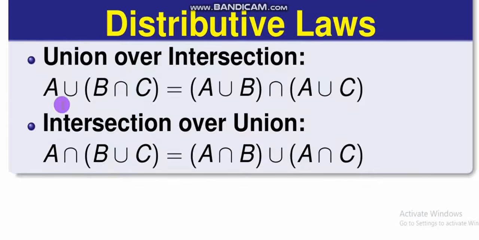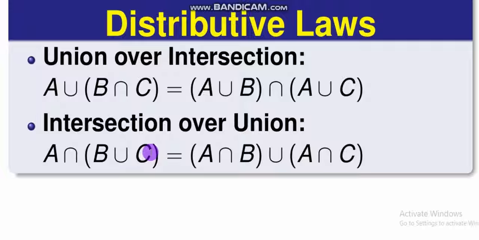Then similarly, if I have intersection over union, the only thing here is I will bring this one here and this one here. That is the only difference. I have intersection over union, so it's the same thing as A intersection B union A intersection C, meaning I can choose to find the union of B and C. This is a single set.